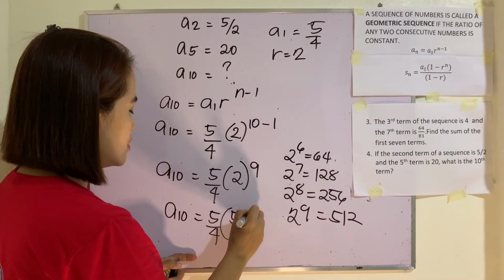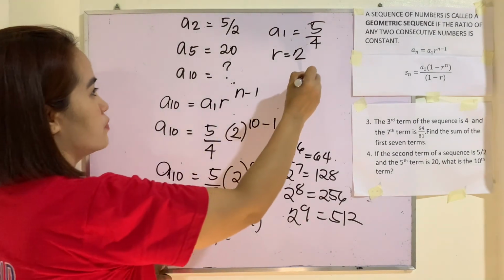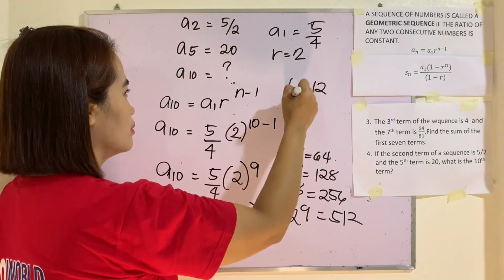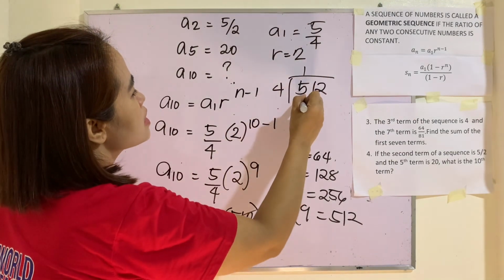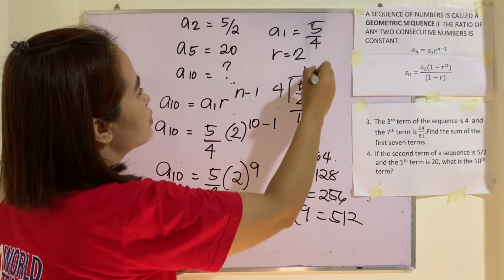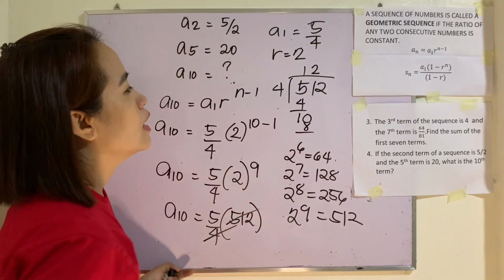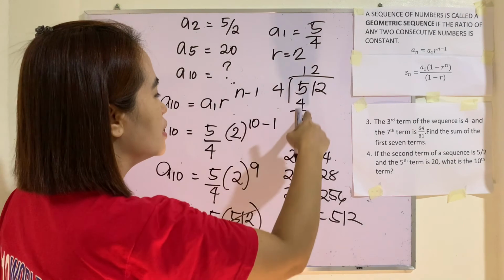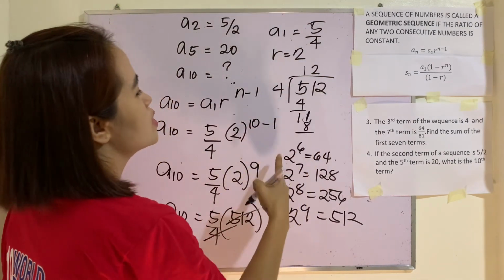So 512 divided by 4. Sorry, this one is 1 and this one is 1. This one is 8.